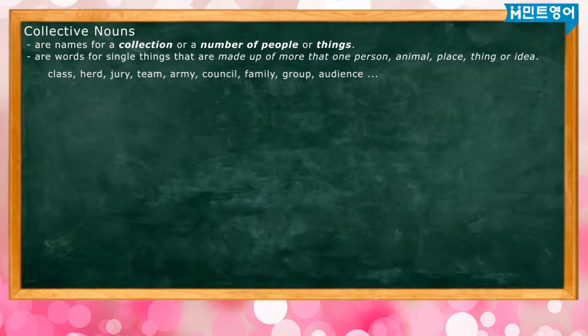Number 4, team. Number 5, army. Number 6, council. Number 7, family. Number 8, group. And the last one, number 9, audience.